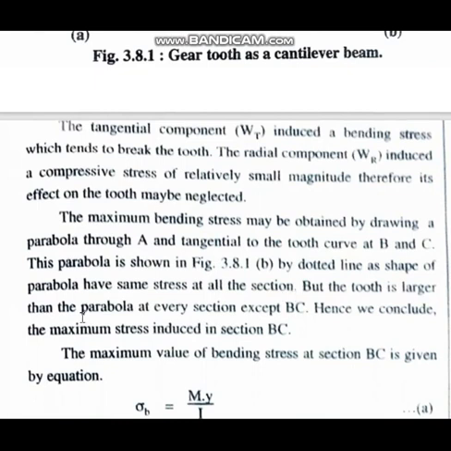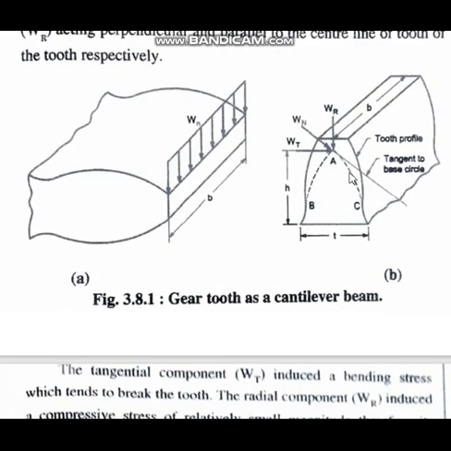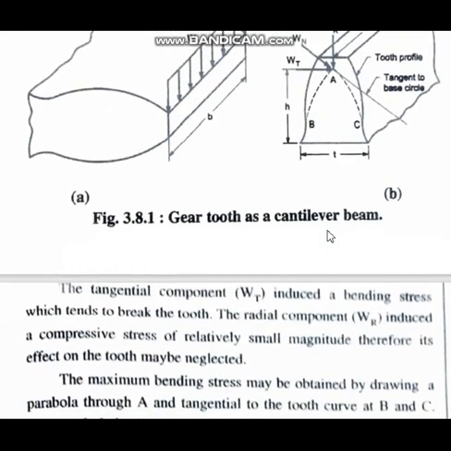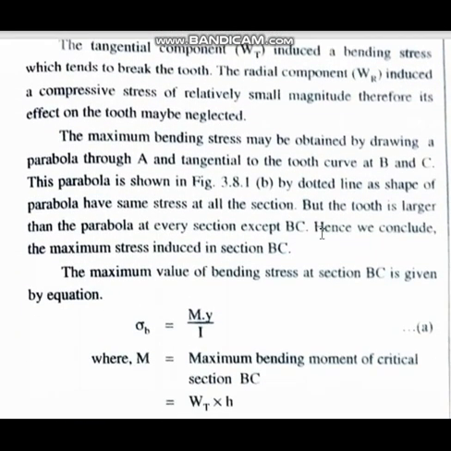But the tooth is larger than the parabola at every section except BC. If you see at A, the tooth is larger. Here also it is larger. Only at BC are the tooth thickness and the parabola of the same size.